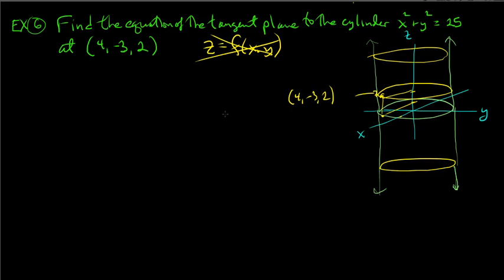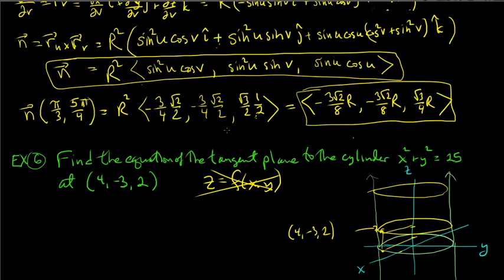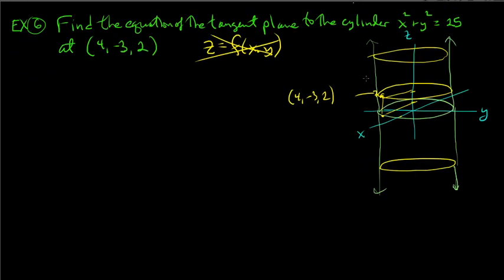All right. So how do we get a normal vector? The same way we did for a sphere. We need to first parameterize the cylinder. And of course, we're not going to use x and y for u and v. We're going to use the usual: u is r, v is theta. So this will just be the usual r cosine theta. Oh, here r is constant. r is 5.